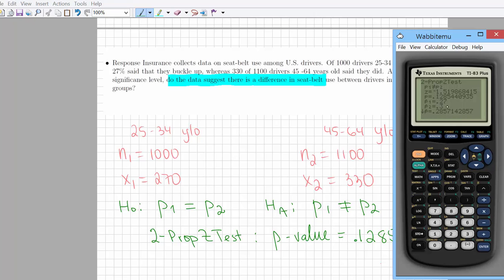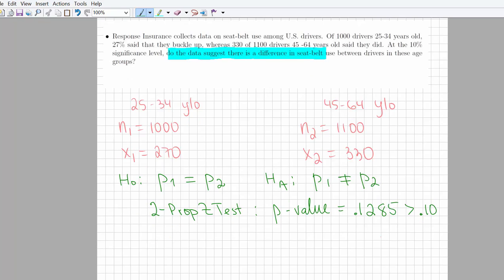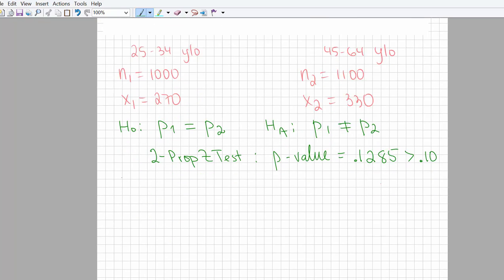My P2 is 30%. These numbers are not significantly different. Looks like the 45-64-year-old group has a little bit of a higher proportion, but not by a lot. So the p-value says it's 0.1285. Our significance level is 0.10. This is bigger. So what do we do? What's our conclusion?